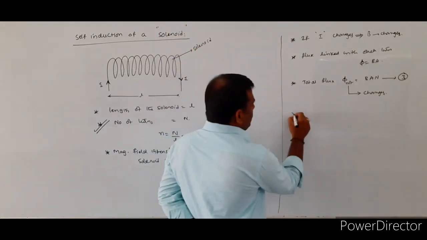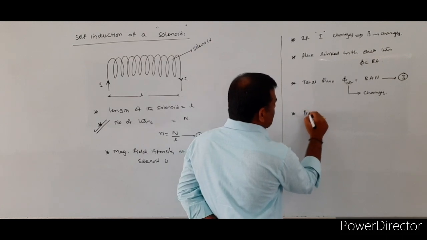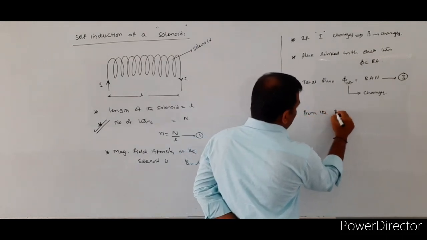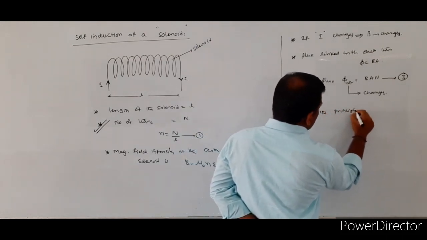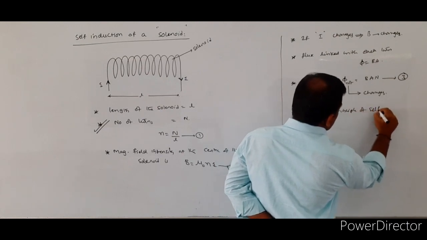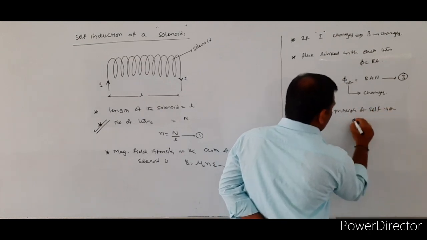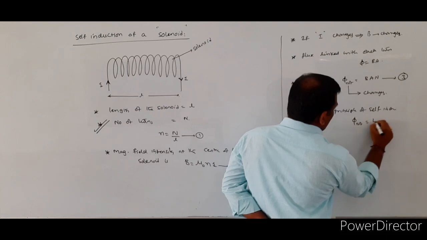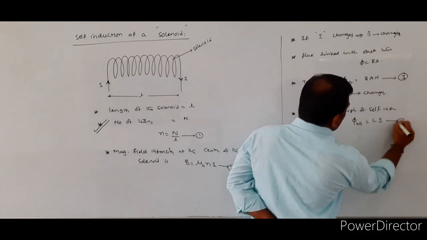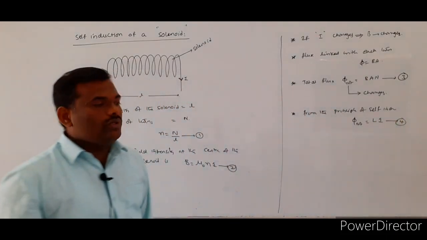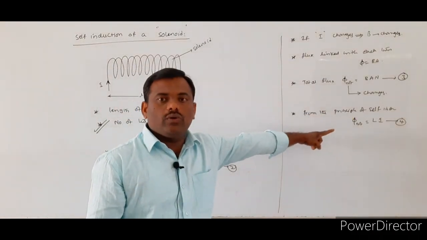Already we know that from the principle of self-induction, total flux is equal to L into I. That's what we wrote earlier.